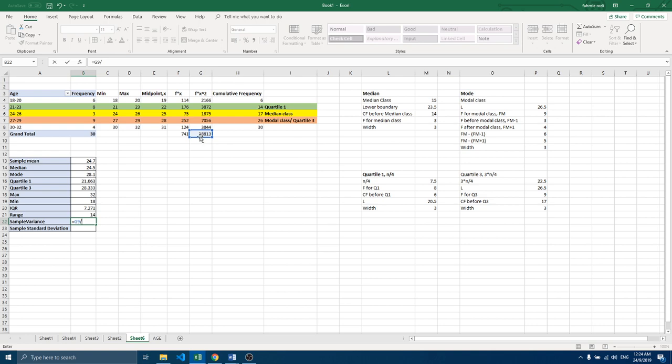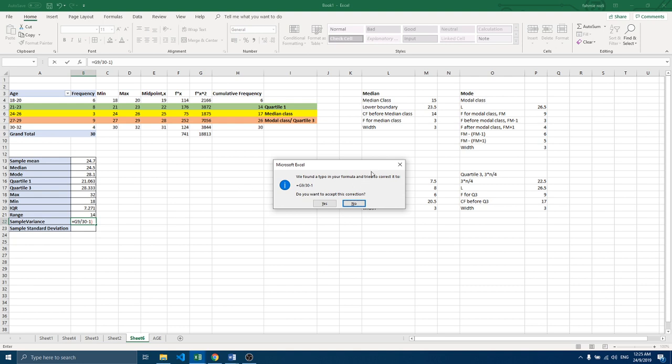Total frequency is 30. So 30 minus 1, because it's one sample, so you have to take frequency minus 1. 30 minus 1 is 29, or just put 29.